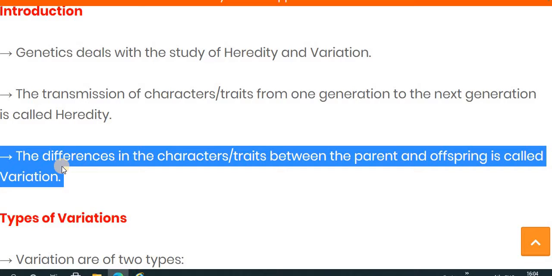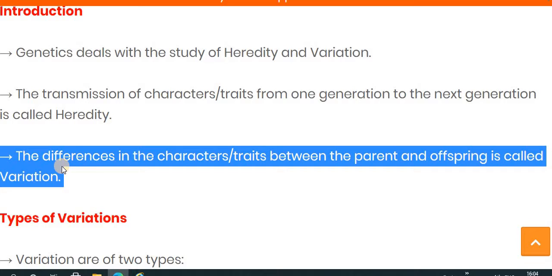But in sexual reproduction there is a chance of variation, because two organisms take part in the reproduction process. So the next generation that arrives possesses characters different from their parents. Due to that, the changing of traits occurs, and that is called variation.